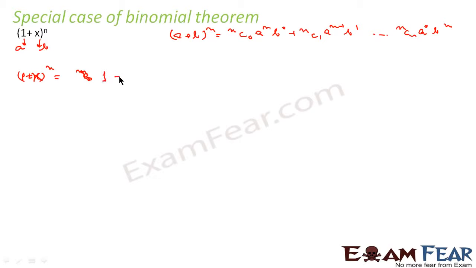So we'll say 1 plus nC1 into a to the power n minus 1, which is 1 to the power n minus 1, equal to 1. This becomes b, plus nC2 a to the power n minus 2, where replacing a by 1 we get 1 to the power n minus 2, which is also 1. So this becomes b square, and so on, up to nCn b to the power n. You see here a term is gone, only the term b remains.